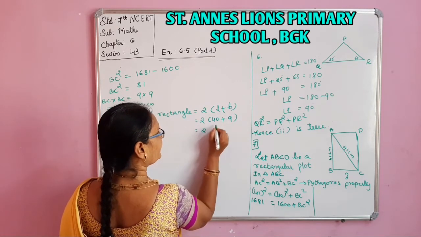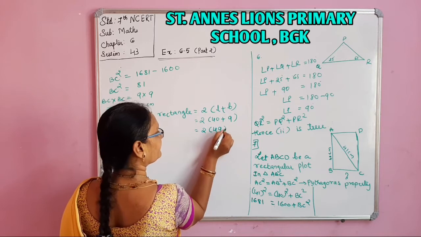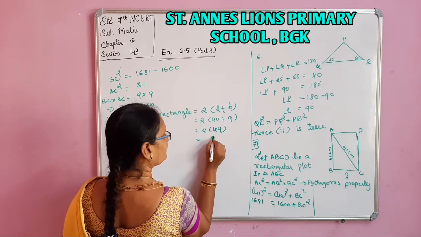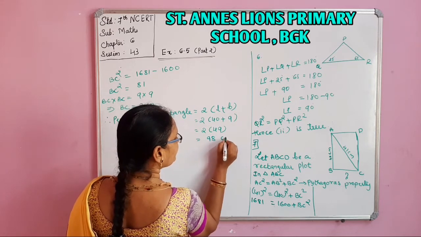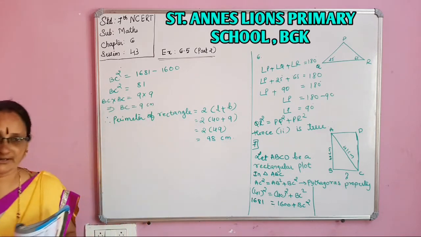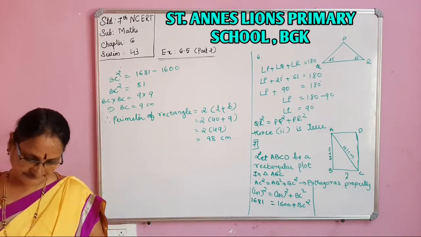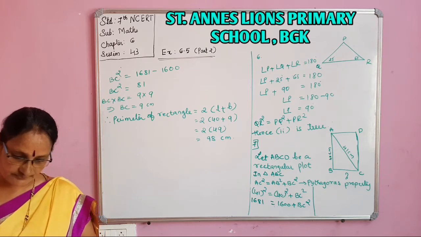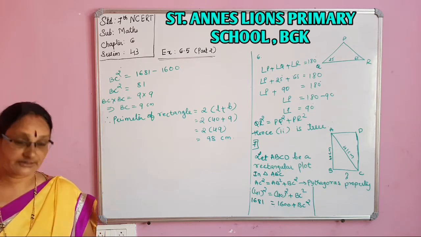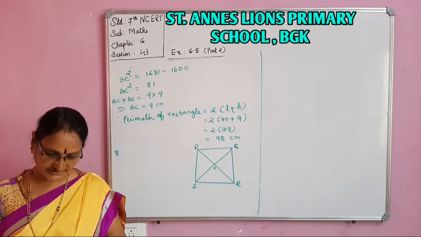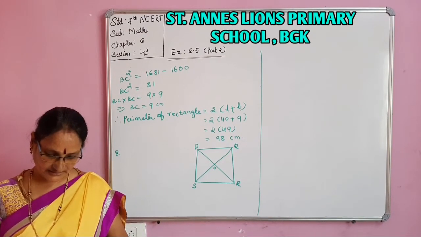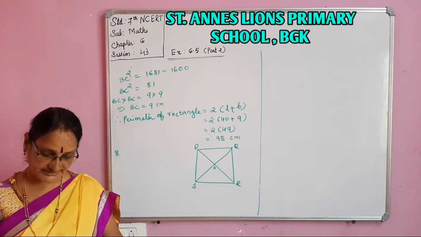So 2 into bracket, this is 49. 98 centimeter is the perimeter of the rectangle. This is the perimeter.